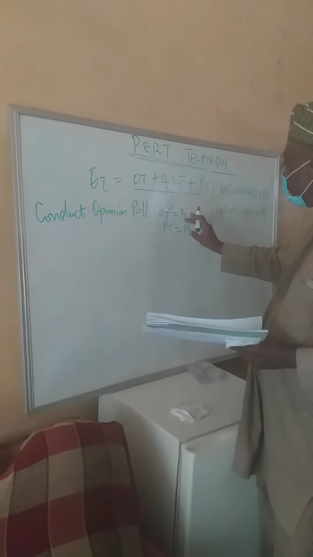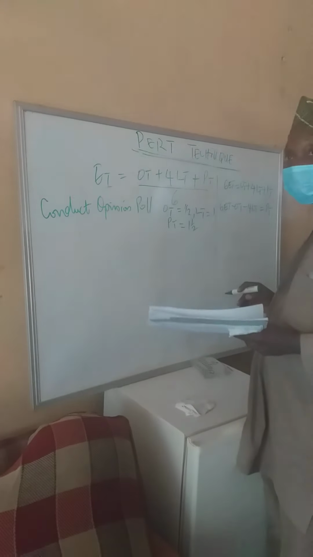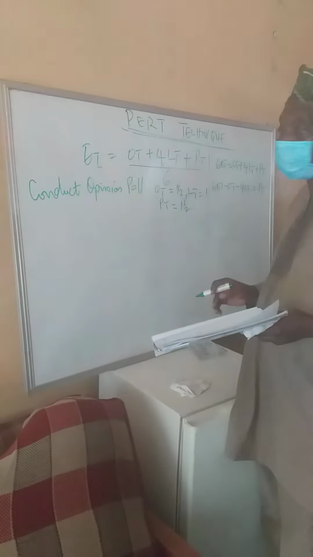So what we need to do is put in the figures where we have OT, LT and PT to determine the expected time to conduct the opinion poll.